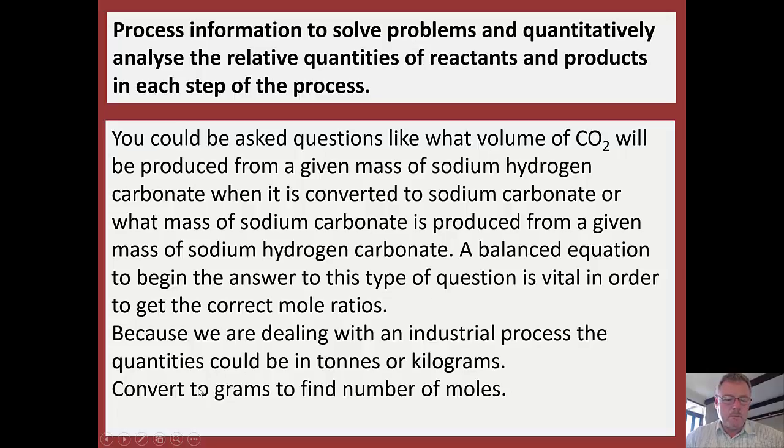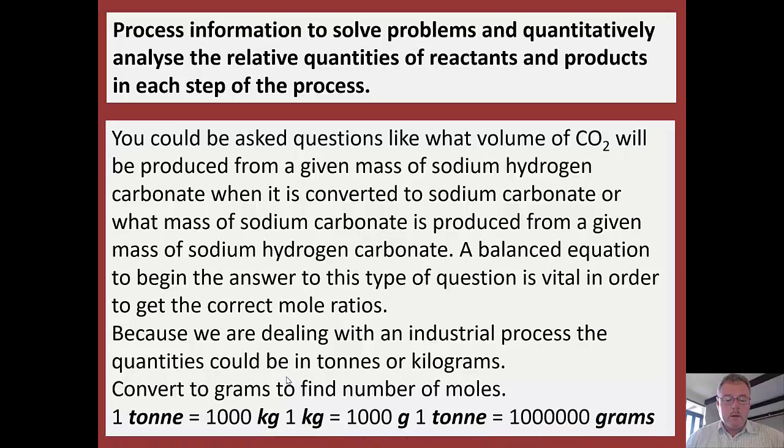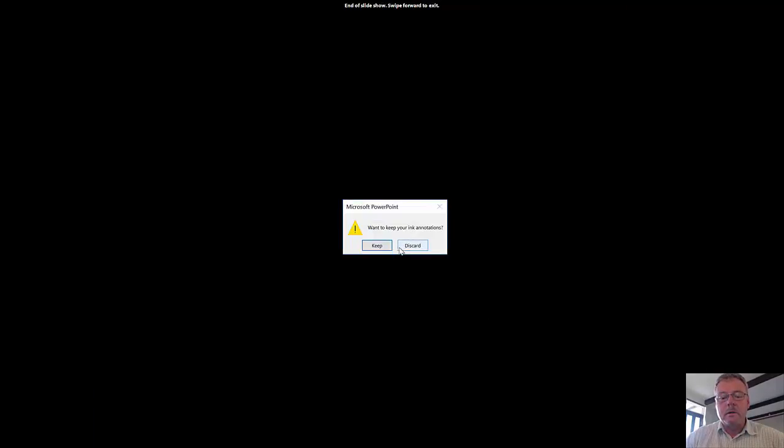So think about what you're doing there, changing your grams to find the number of moles, dividing by the molecular weight of that. And there's some examples. 1,000 kilos is a ton, 1,000 grams is a kilo, a ton is 1 million grams. Okay, and that concludes that part.